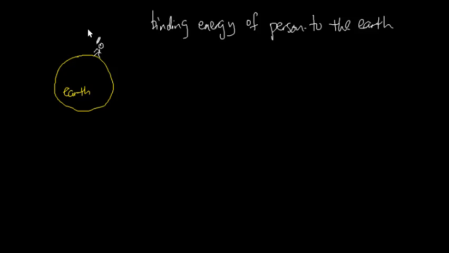Now, what do we mean by the binding energy in this case? It's the same idea as I described just now for protons and neutrons. It's the energy needed to remove this person from the earth. What do we mean by removing the person from the earth? It means that we somehow move this person away from the earth until he's so far away that he or she does not experience any more gravitational attraction from earth.